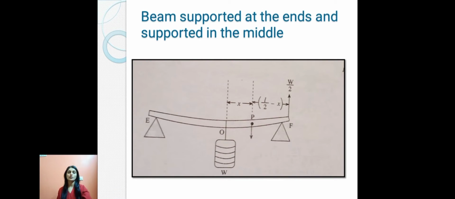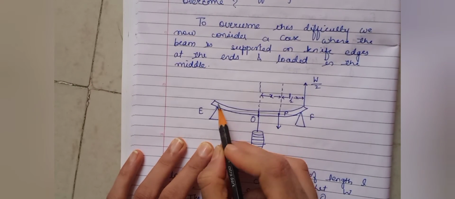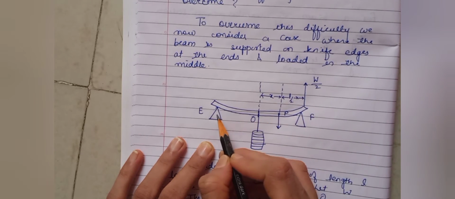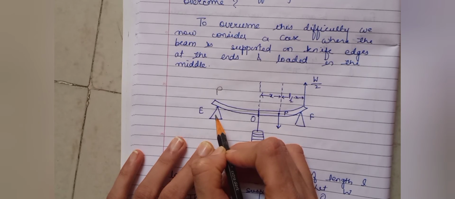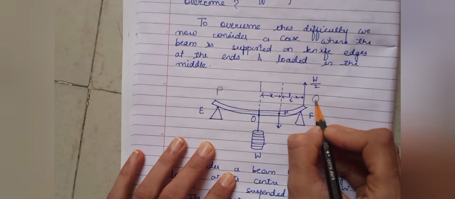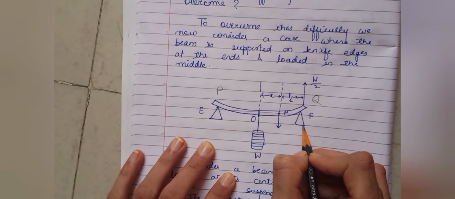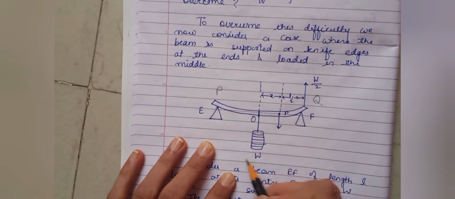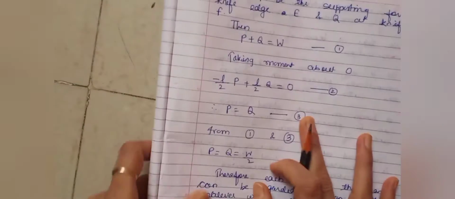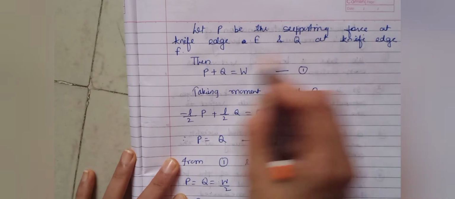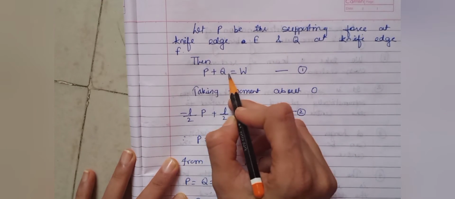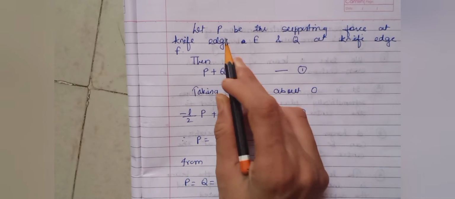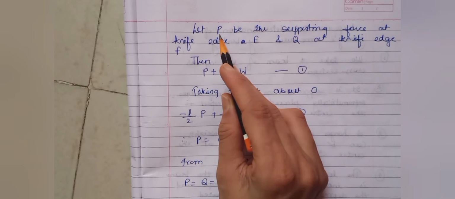So we have this beam EF. Now suppose there is force P over here at the edge E and force Q at the edge F. So P plus Q will be the total load W. That is what we have written over here: let P be the supporting force at knife edge E and Q at knife edge F. Then P plus Q equals W. Don't get confused between this capital P and small p.